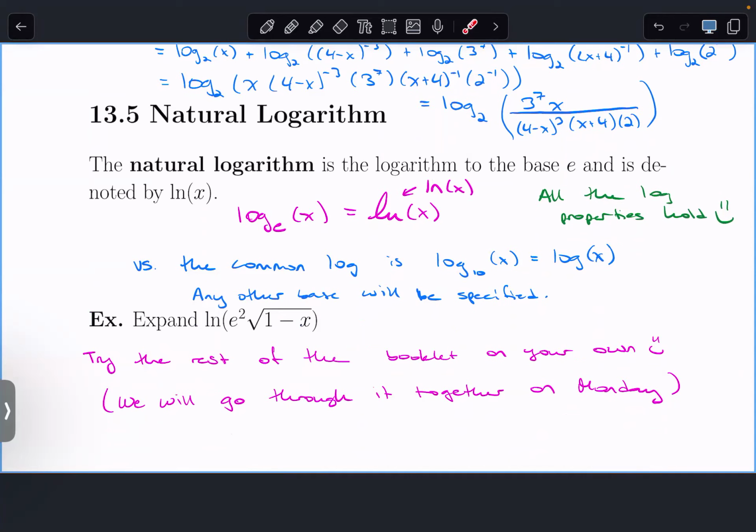And we also talked about the common log, which is log base 10, which we usually don't even write with a base. If it's just written as a log, then it is log base 10. And if you have ln, I usually do a script ln, it's log base e. So just two special cases, but all the log properties hold.